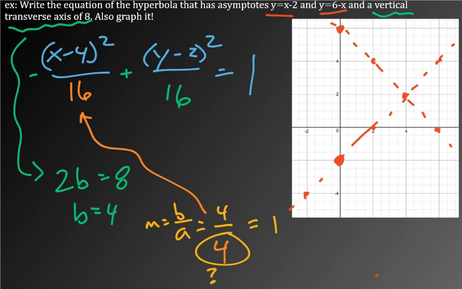And I should also graph it. I was asked to graph it here. So for the graph, I would just go ahead and plot, we already have the center really, but we know it's an up and down one, and we know B is 4. And so if I'm at 2, I need to go up to 6. And I also need to go down to negative 2.